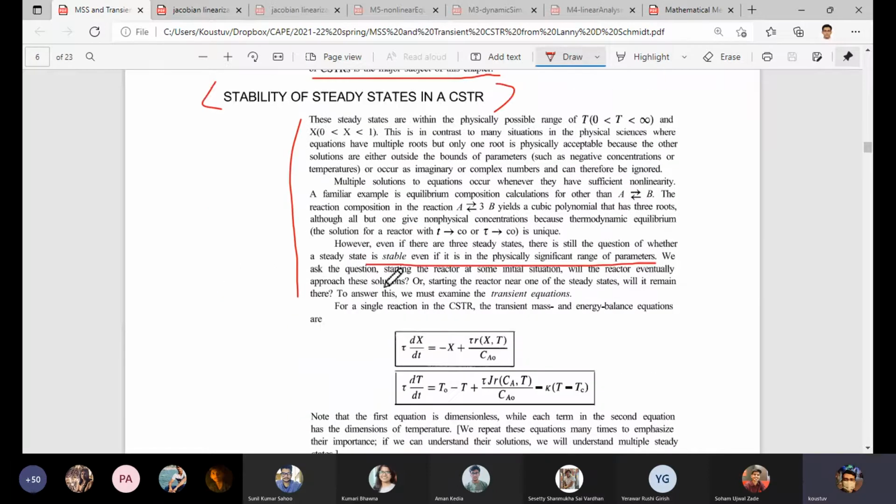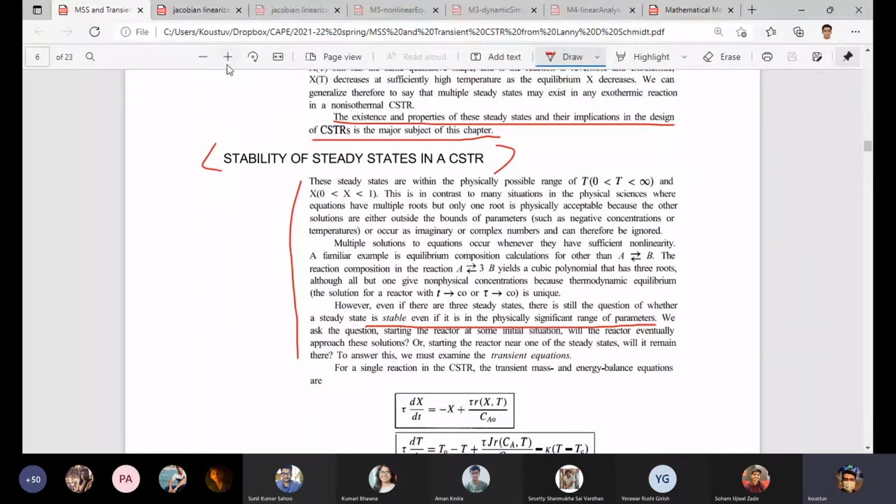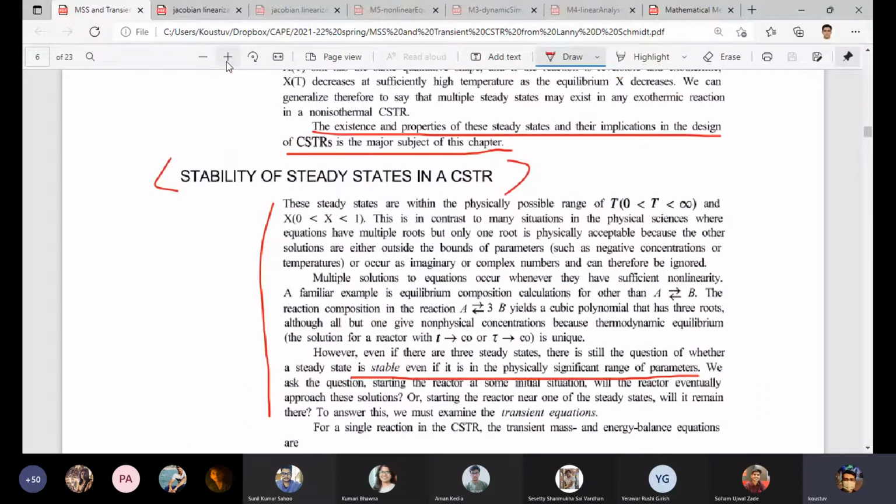Okay, so what we are saying is that we got the values in the physically possible range. What do I mean by physically possible range? Basically the temperature lies between 0 and infinity, so we are getting acceptable data of temperature, and the conversion is also between 0 and 1.